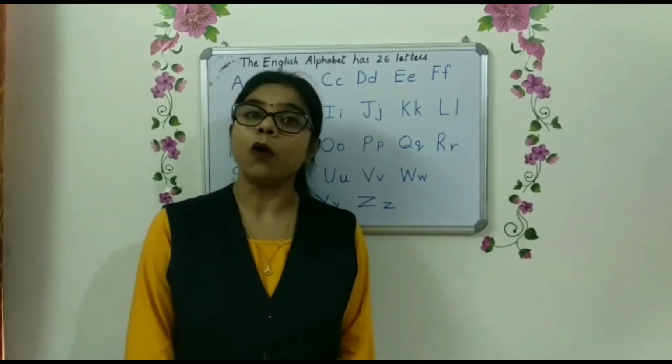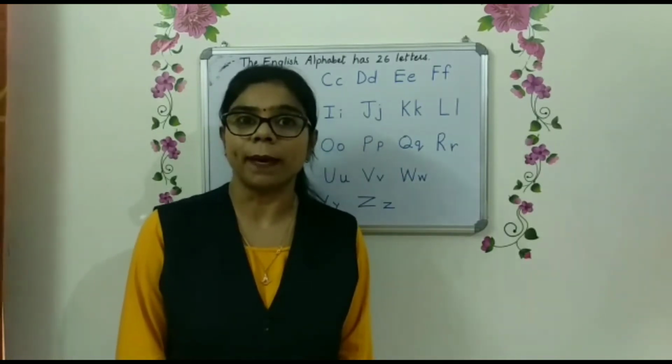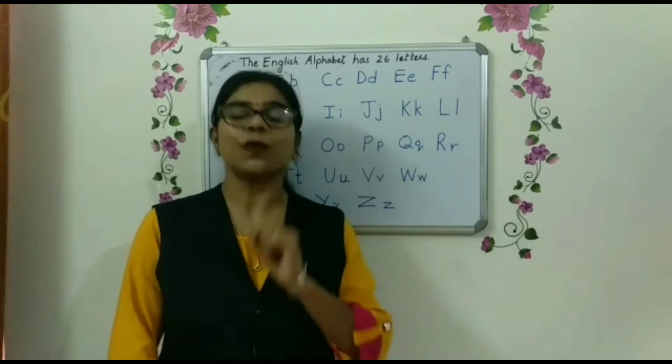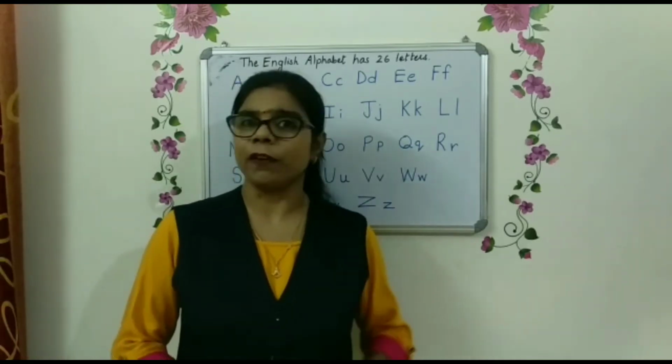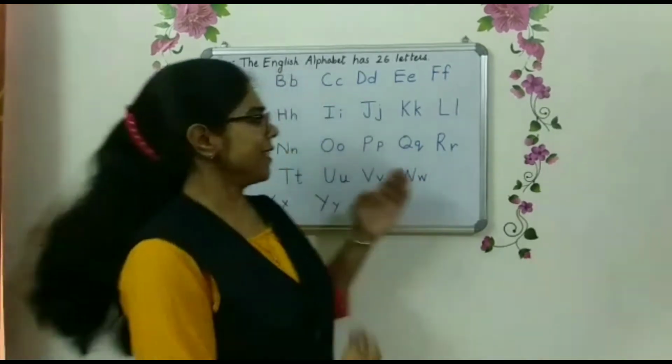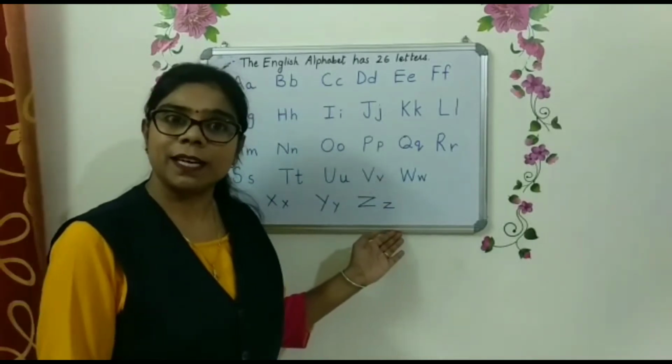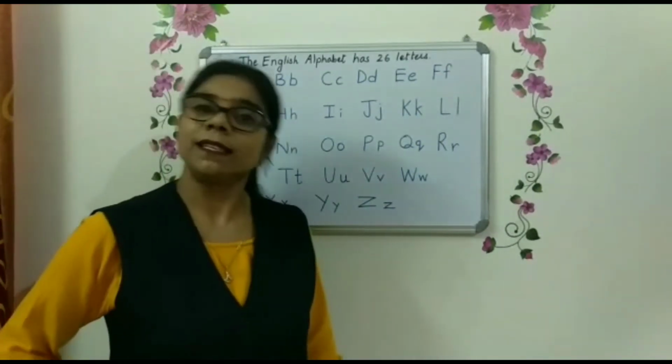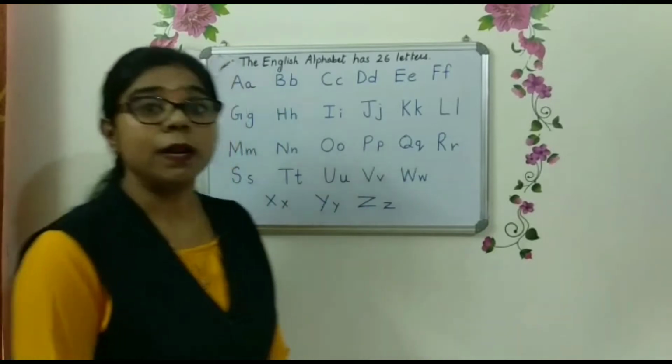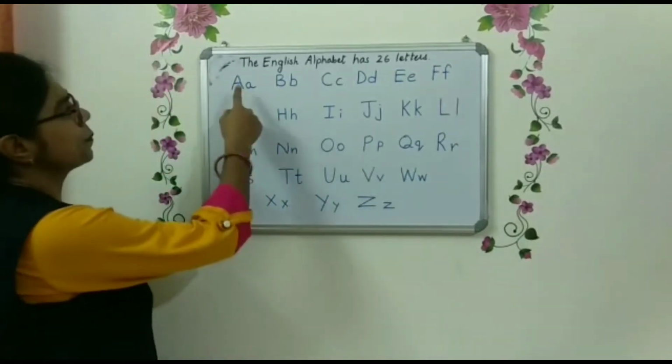Do you know, children, how many letters are in the English alphabet? Correct, 26 letters. So shall we revise the letters? On this blackboard, I have written capital as well as small alphabets. So now let's revise it.